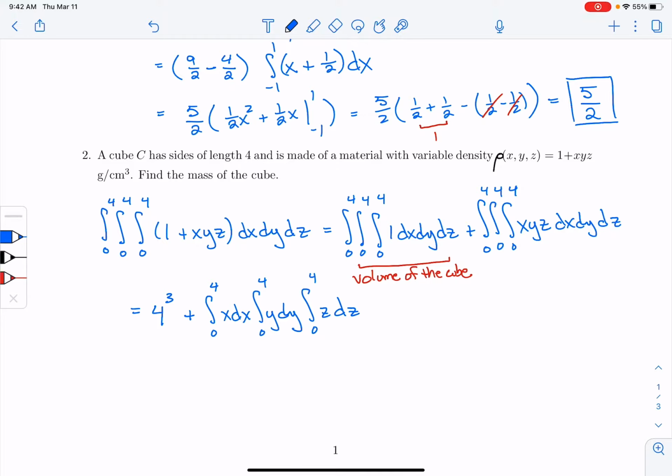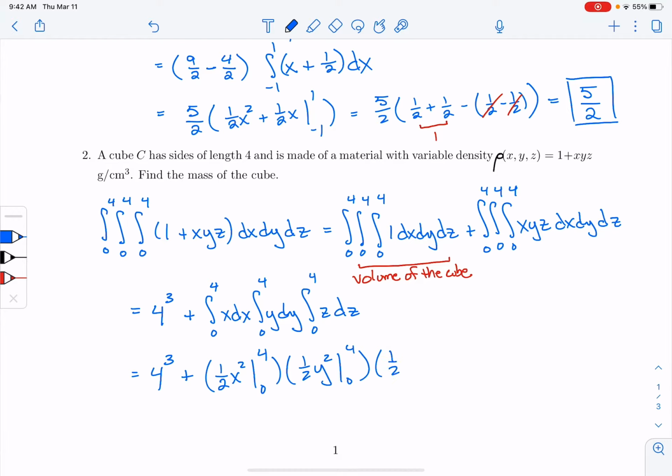So this actually makes the integral quite easy. So it's 4 cubed plus, integrating x dx from 0 to 4, I get 1/2 x squared evaluated between 0 and 4, times 1/2 y squared evaluated between 0 and 4, times 1/2 z squared evaluated between 0 and 4.